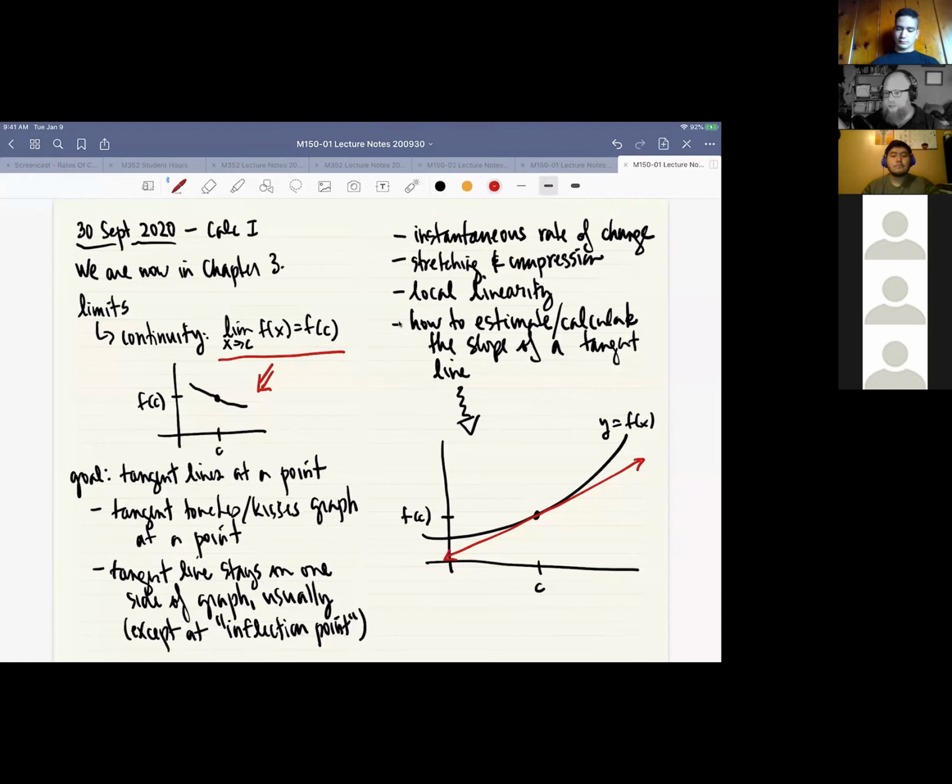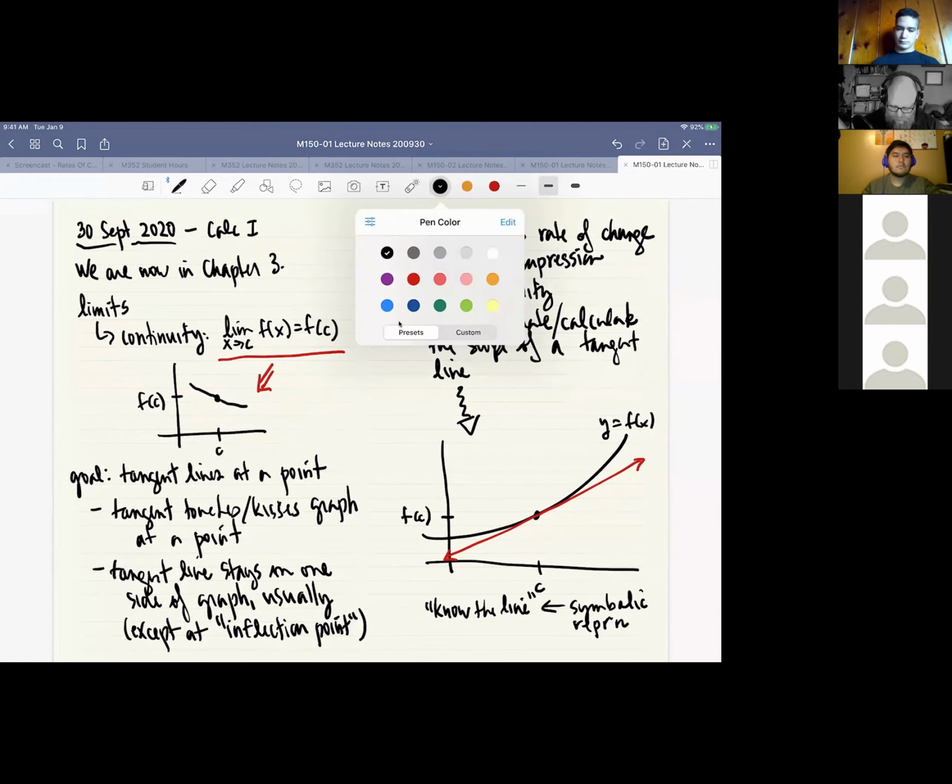Okay, so I just sketched the tangent line. When you want to know what that tangent line is, the way we express that knowledge is by finding a symbolic representation of it. That is, we find a formula for it.